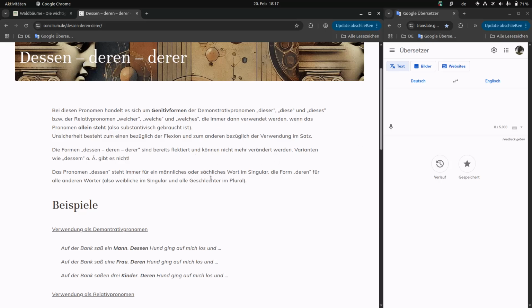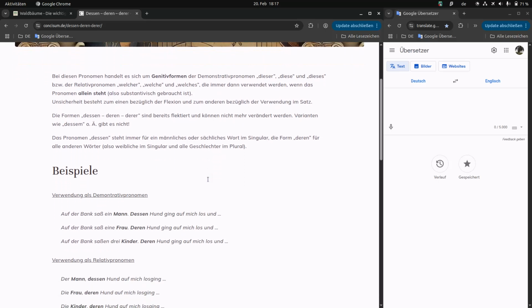"Dieser, welcher, welches." "Dieser" means this, "dieser, diese, dieses", this or that, but gendered. "Welcher, welche, welches" is "which". It's also the same, which, what, you could also say.